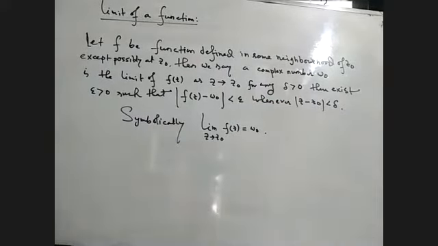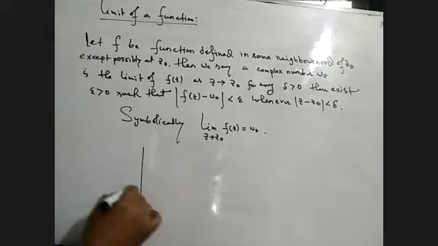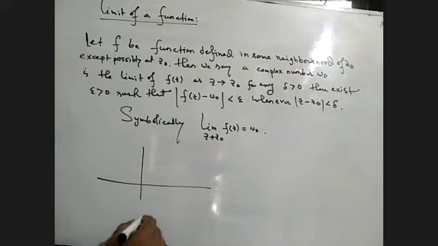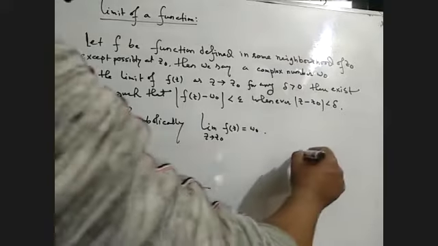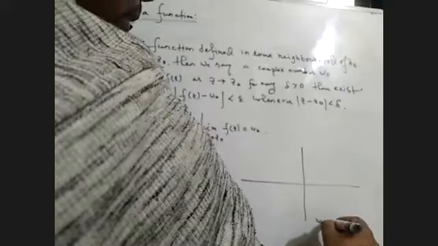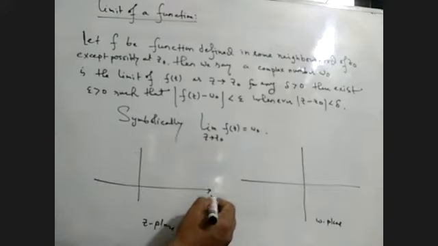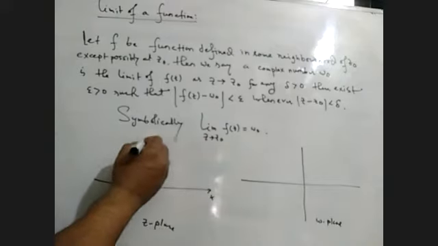That means we can draw a figure like this. Suppose this is the z plane, for the domain of the complex variable, and this is the w plane. Suppose we draw this, the real axis and the imaginary axis.